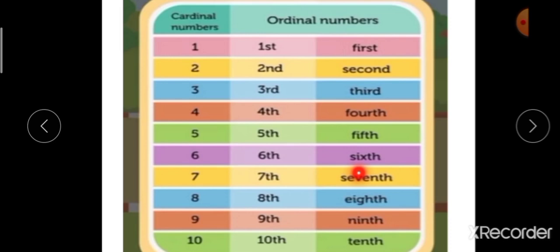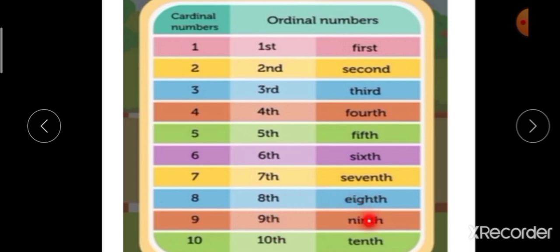Sixth will be the same spelling, sixth. Seventh will again take the entire 7 spelling and you have to add th, seventh. Then 8th will be eighth. Now we cannot write double t, so we will write only one t and then add one h. Eighth is eight and h.